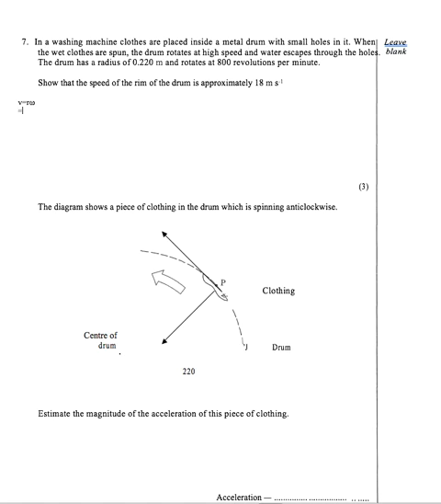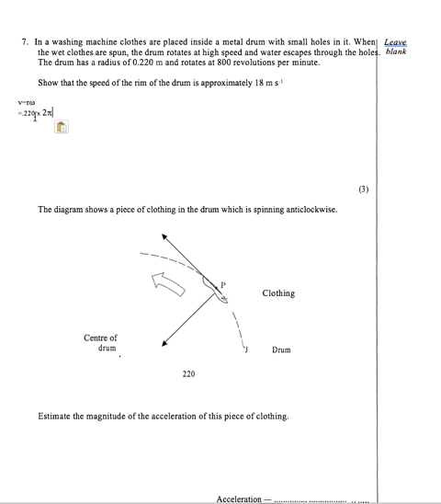So there's 0.220 meters is r, times 2 pi, divided by, times 800 revolutions per minute divided by 60, which is 800 revolutions divided by 60 per second.